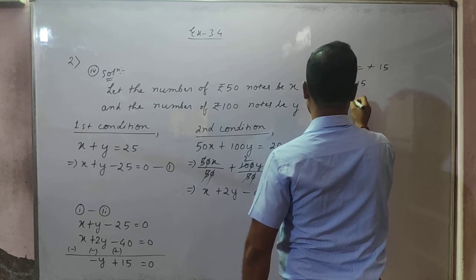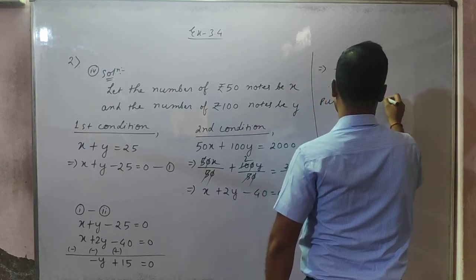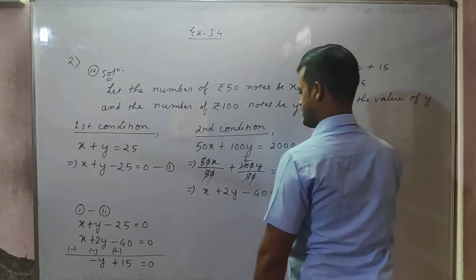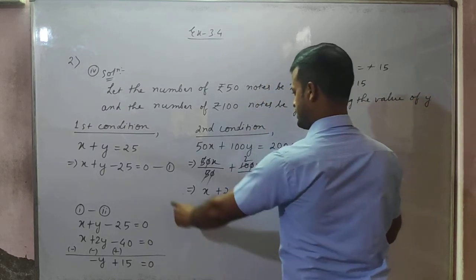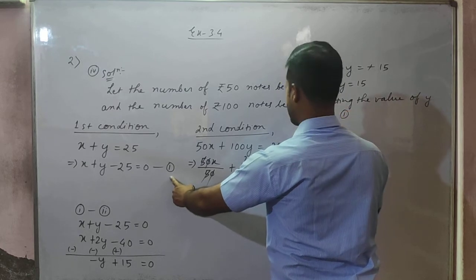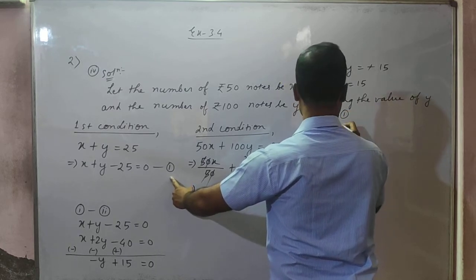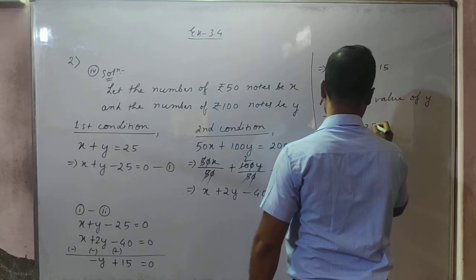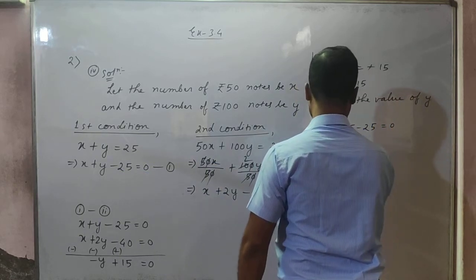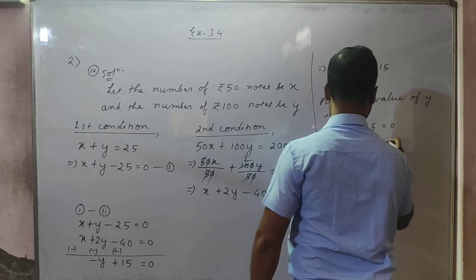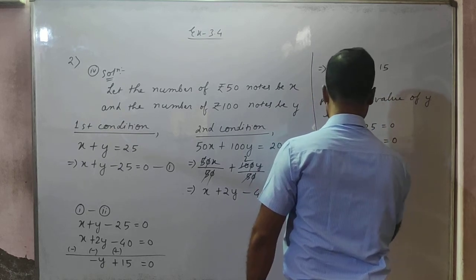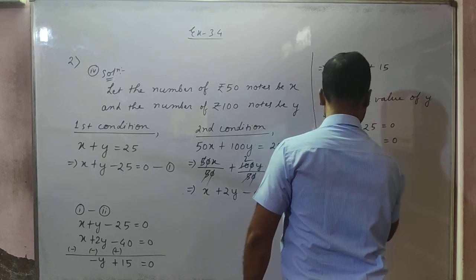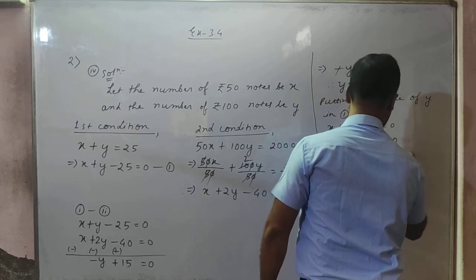Putting the value of y in equation 1: x plus 15 minus 25 is equal to 0. So x minus 10 is equal to 0, which implies x is equal to 10.